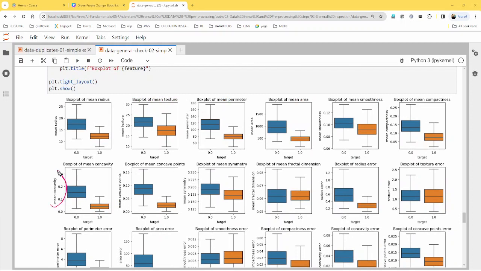Let's say the mean concavity or something, and let's say this is at class of 0, class of 1, and you can see the data is quite separate, which is very nice for machine learning. Here can be a little problem because the data is not very distributed.